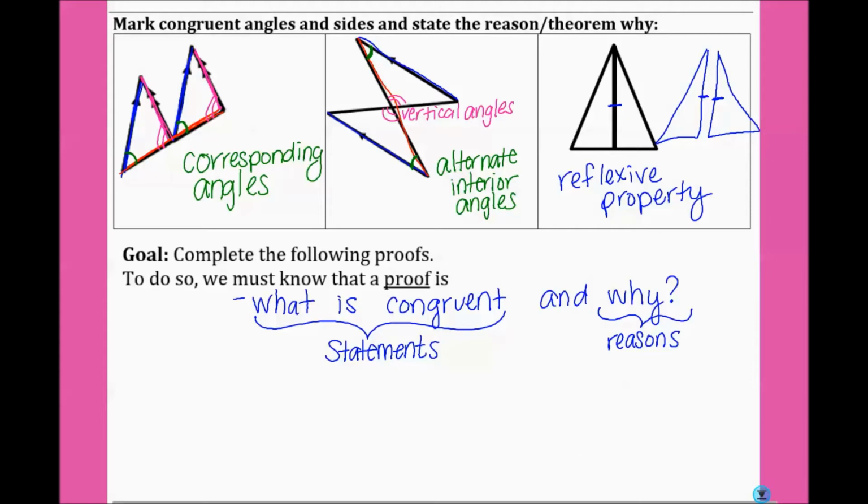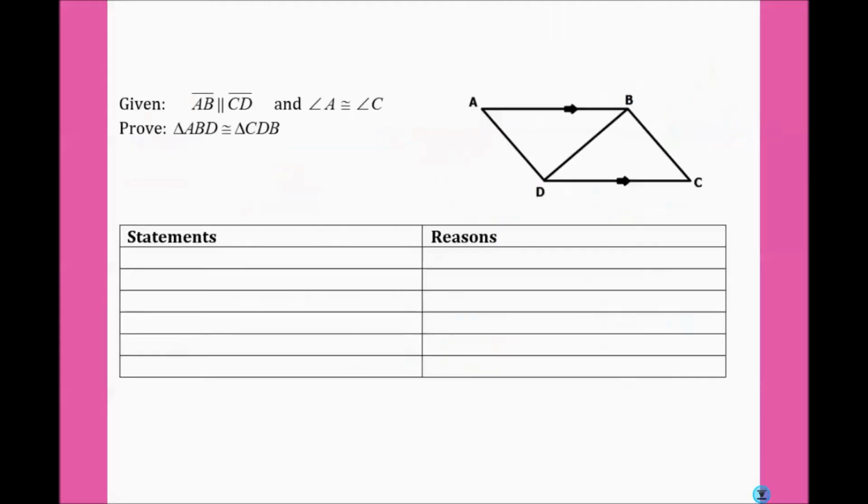So let's look at our first proof for today. Given that AB is parallel to CD and angle A is congruent to angle C, prove that triangle ABD is congruent to triangle CDB. Now, like last class, we're going to start by marking our picture. AB is parallel to CD.